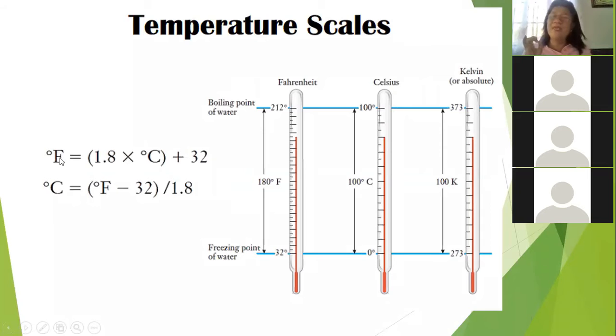Then we have the absolute Kelvin. There was also Rankine before, but it is no longer used. Okay, so how are we going to convert? Because we have 3 different systems of units in temperature. What's temperature, by the way? Temperature is the measure of the hotness and coldness of a body.